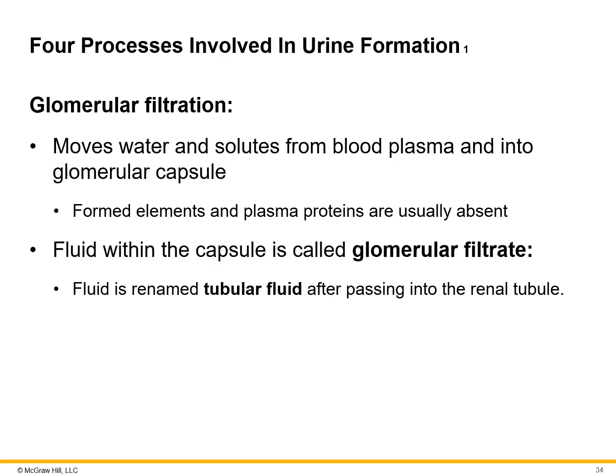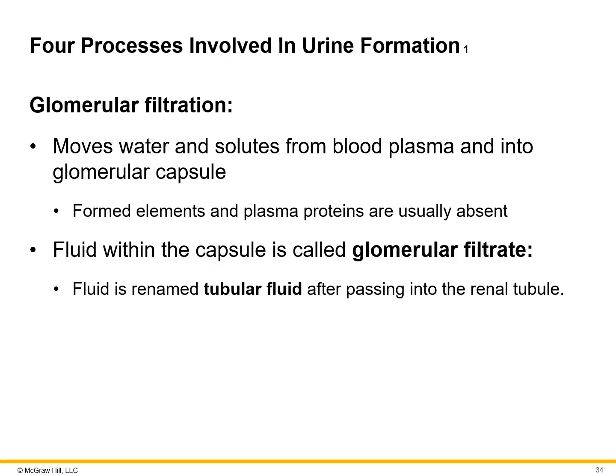So your glomerular filtration, that's what moves your water and your solutes from the blood plasma into the glomerular capsule. The fluid within the capsule is called the glomerular filtrate. But the fluid changes names, and it'll go by tubular fluid after it passes into the renal tubule.